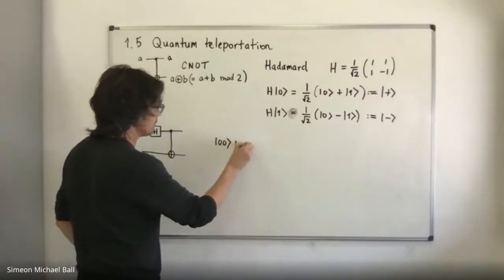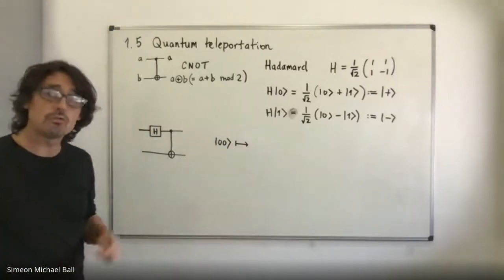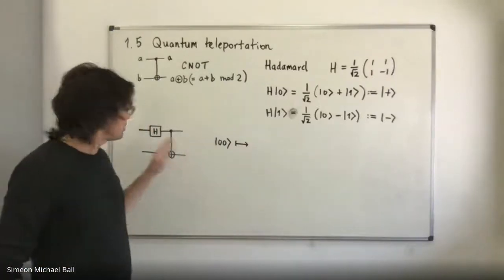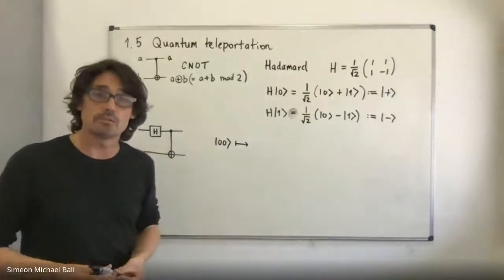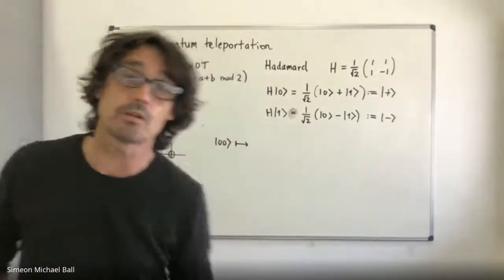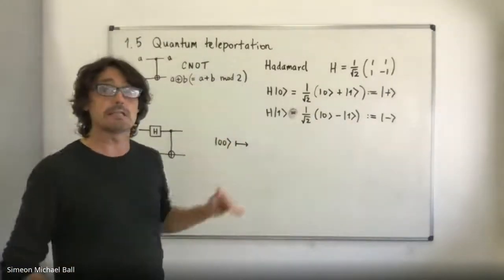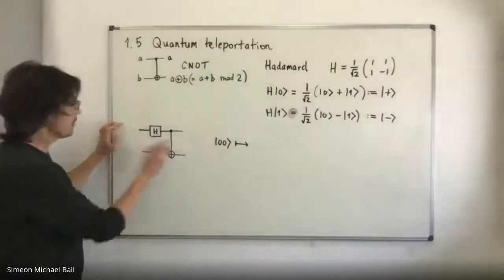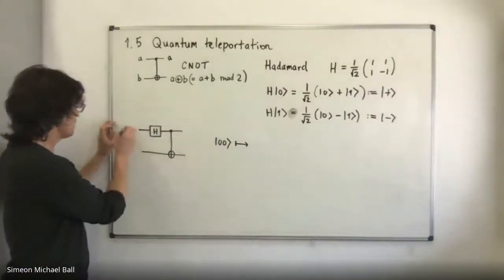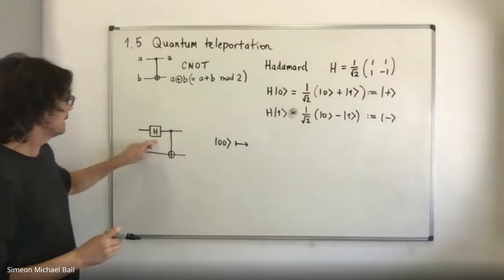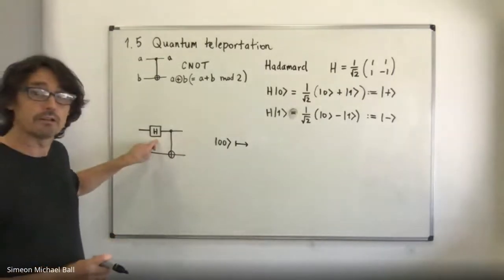And this is the way I like to do it. What I generally do, and lots of people do these things with matrices, I find that quite difficult. So what I do is I do it with each individual basis element. So we've got two inputs here. I'm imagining they're both 0. So we've got a 0 coming in here and a 0 coming in here. And we're Hing the first one.